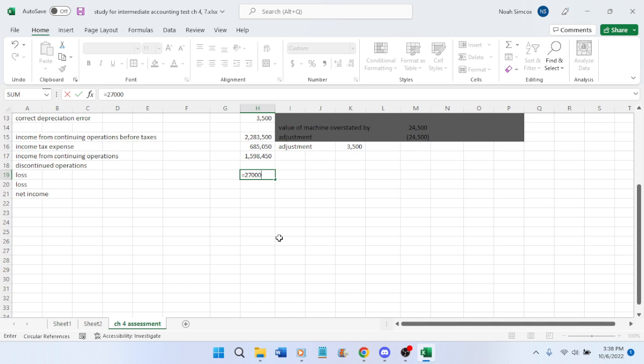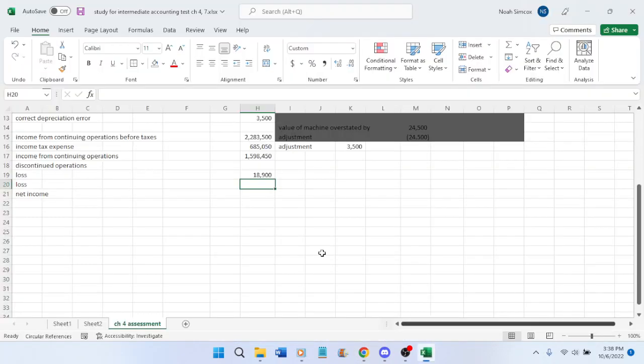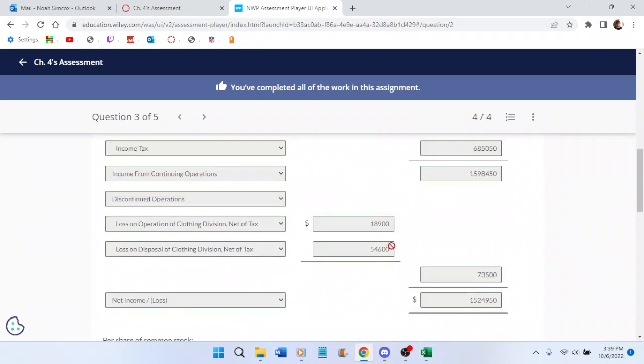How about we just do 70% of each, because it's 30% tax. 0.7 times, and then 70% of 78,000. So 18,900, 54,600.